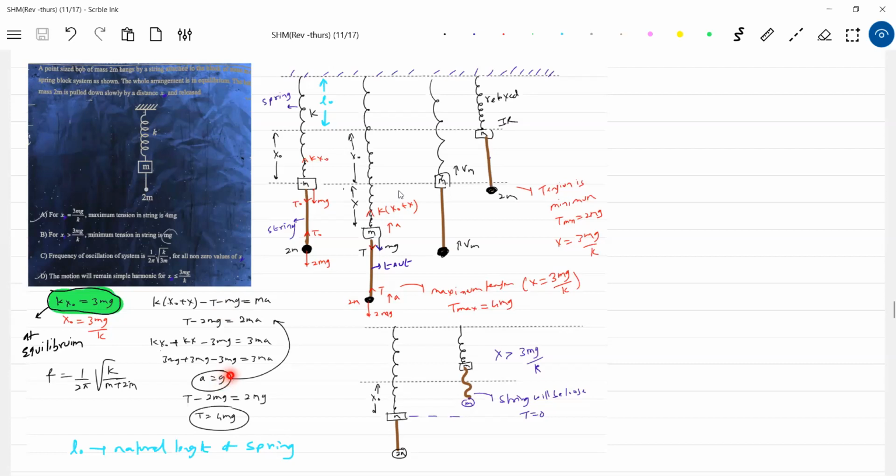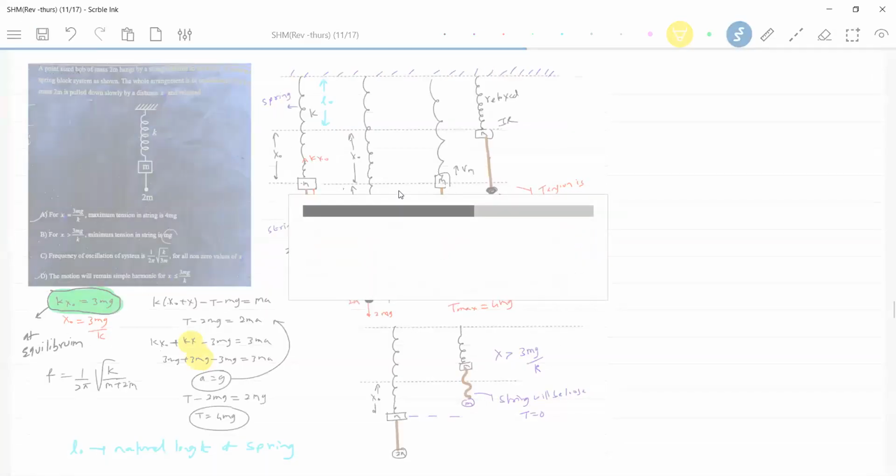Then let me calculate the tension. Substituting a equal to g, I'll get the tension 4mg. What I substituted, when kx equals 3mg, then I'm getting the tension equal to this much. Are you noticing this? Why are you writing kx equal to 3mg?